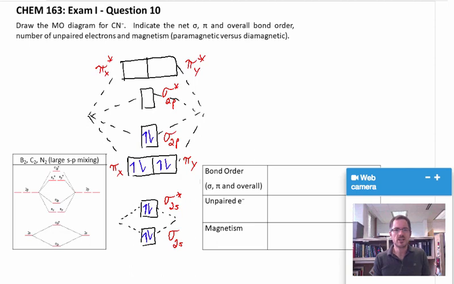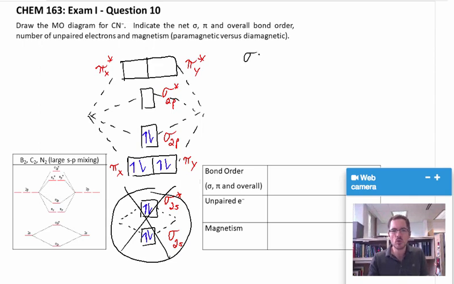So as you can see, I just went to a new slide and redrew everything that I had down. When we talk about our bond orders, the nice thing is I can ignore my sigma 2s and my anti-sigma 2s because these two are going to cancel each other out, which is convenient for us. For my sigma bond order, I have 2 electrons in my bonding, nothing in my anti-bonding, and I divide this by 2, giving me a sigma bond order of 1.